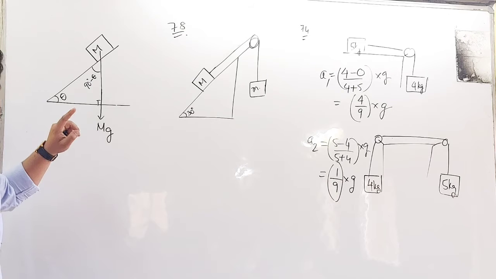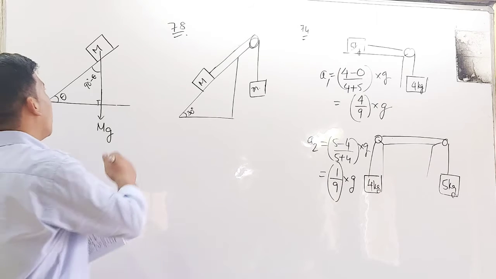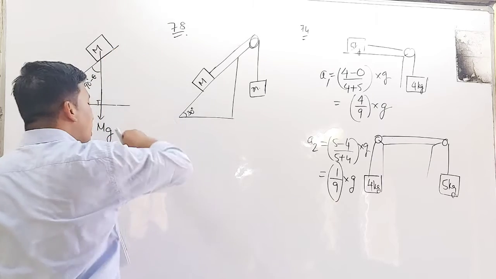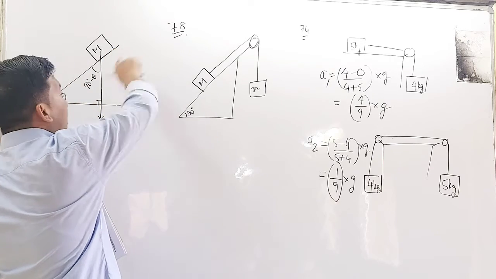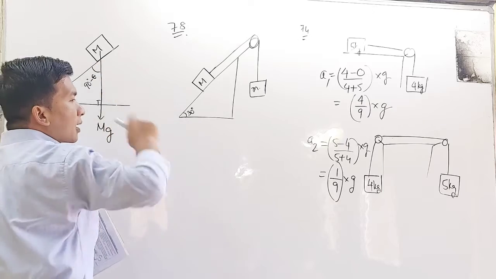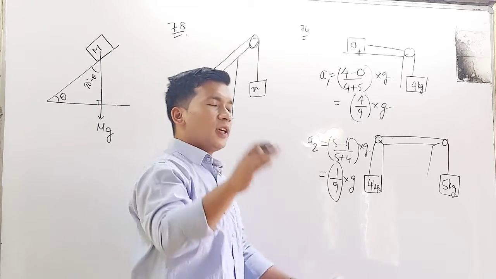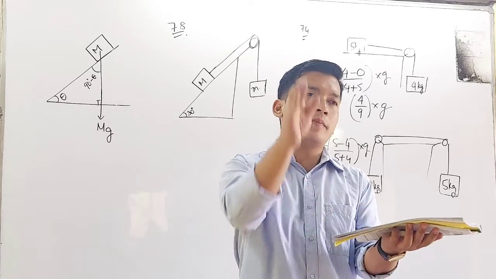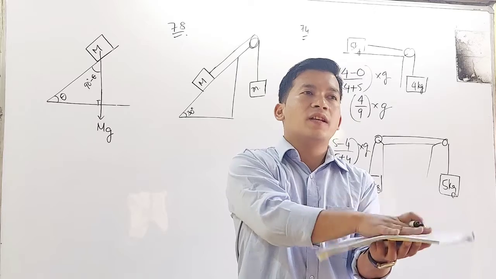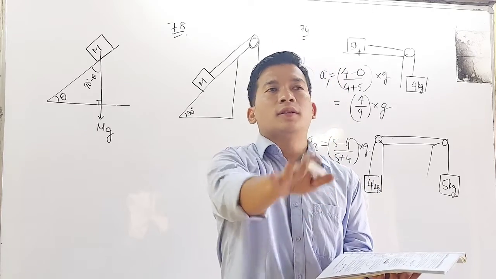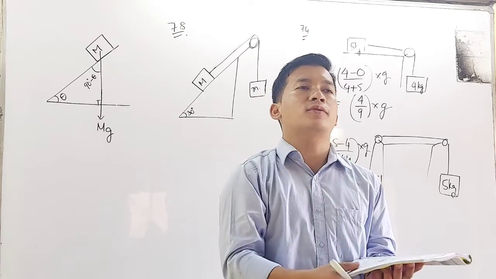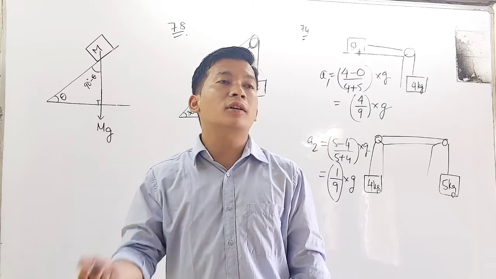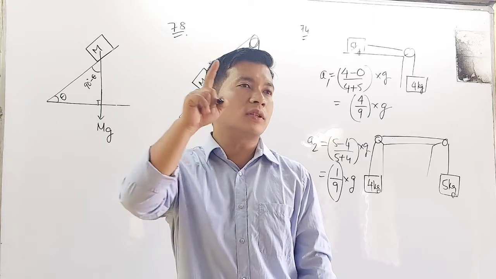Therefore, the body is in contact with this inclined plane. If any object is in contact with a surface, the surface will produce a normal direction. That normal direction must be perpendicular to the plane, perpendicular to the surface.